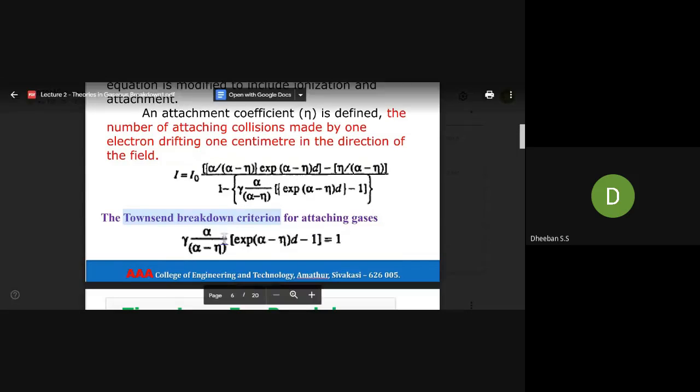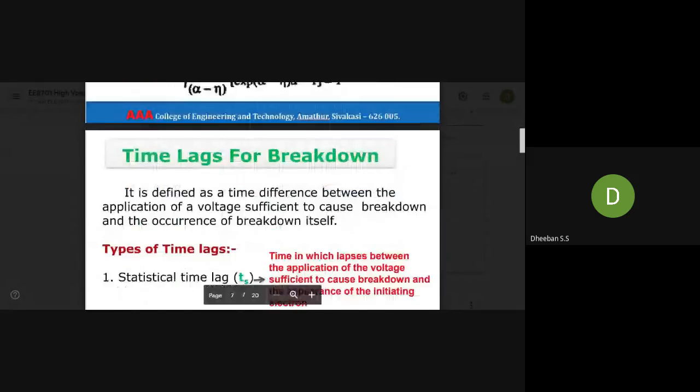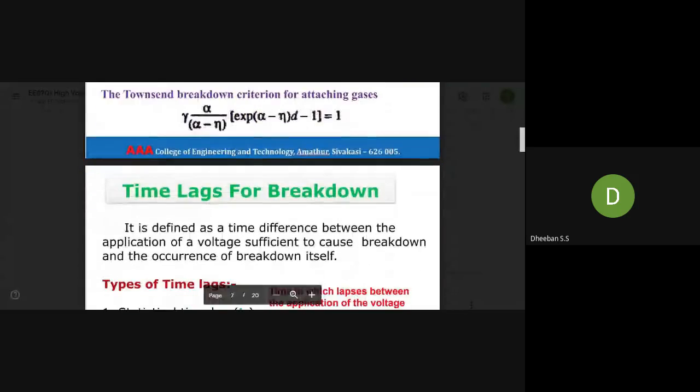Here this is the criterion. I'll explain each and every parameter in the derivation. Separately, in 2-mark questions they might also ask for this criterion condition.